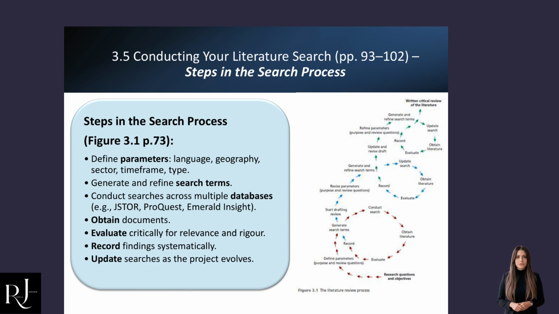Once you obtain the documents, evaluate them critically for both relevance to your topic and the rigor of their methodology. It is essential to record your findings systematically as you go and to update your searches as your project evolves. This iterative process ensures that your review remains current and that you don't miss any groundbreaking new studies.